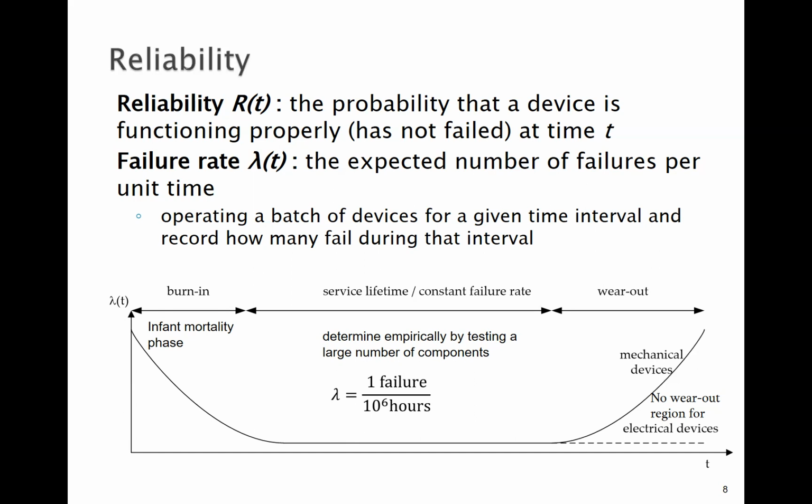We usually, as we said, determine this with a large number of devices. We usually have a failure rate of such values in here: 1 failure out of 1 million hours.